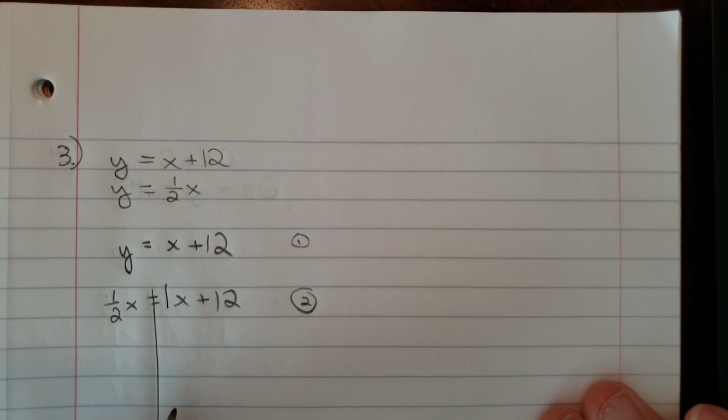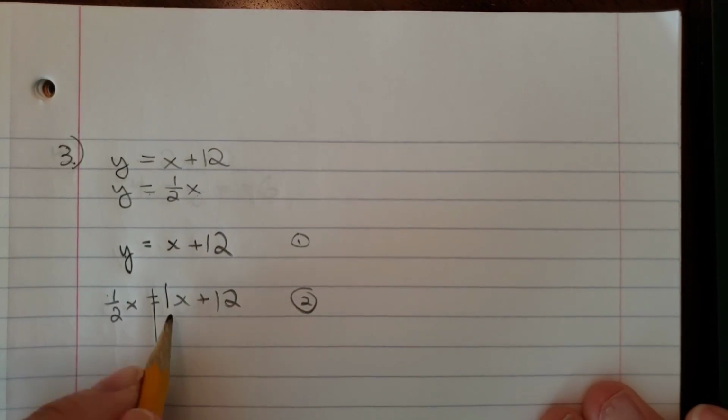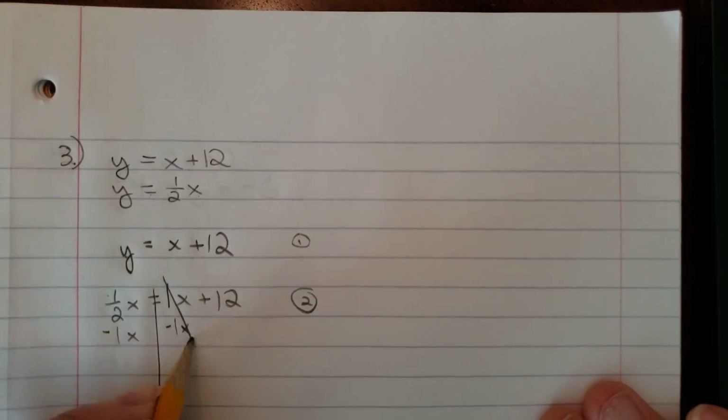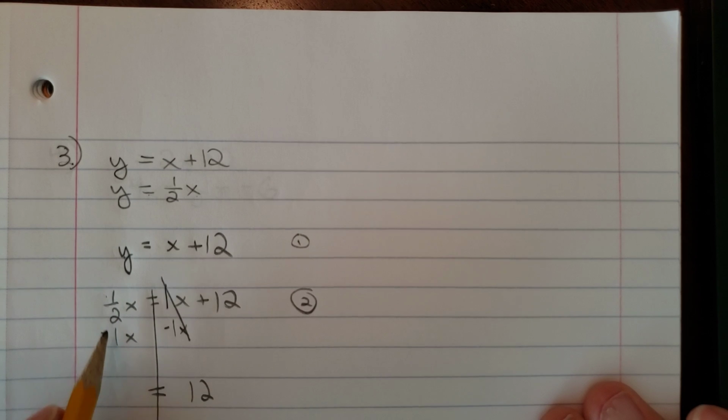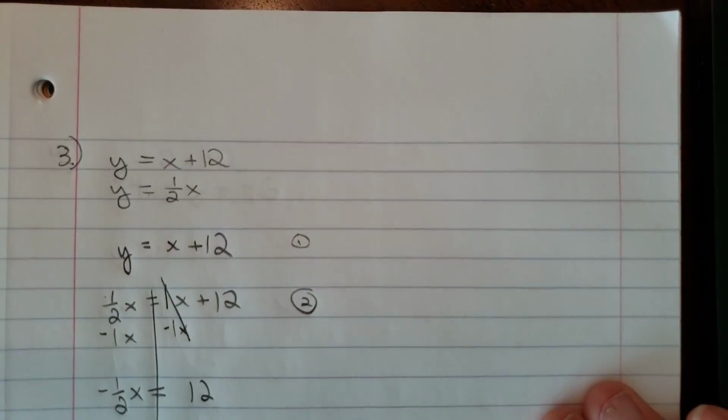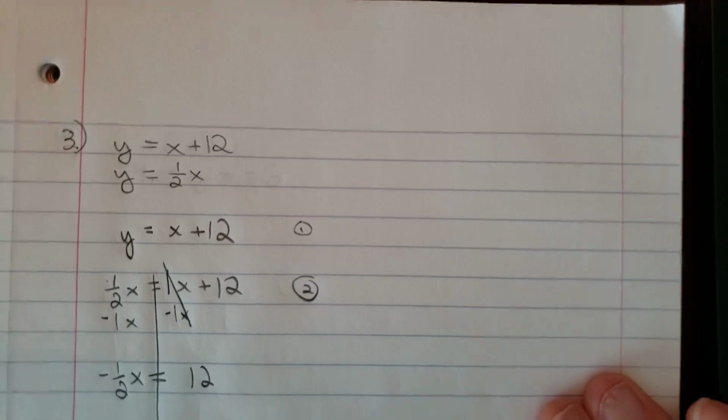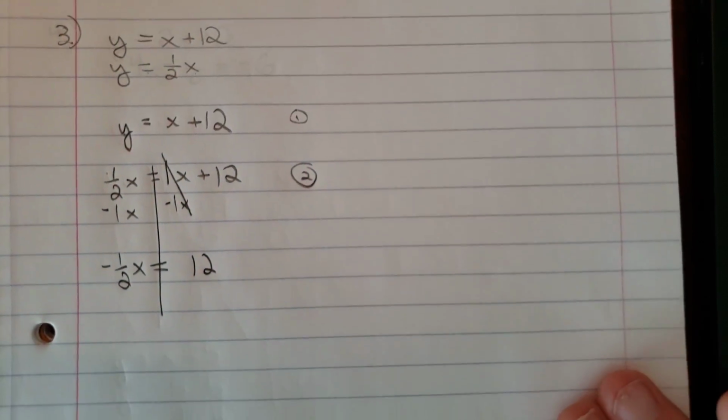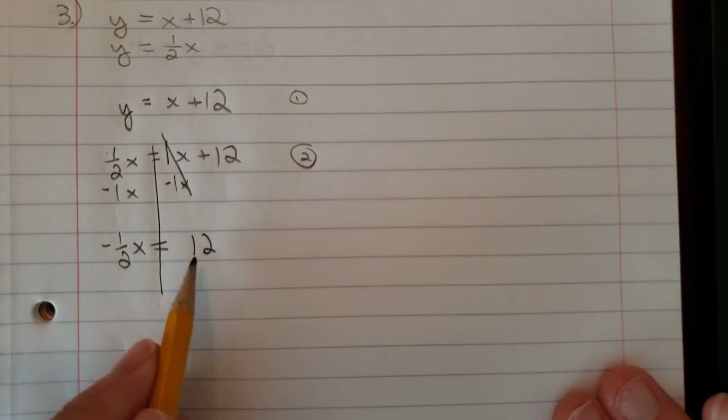Now step 3 is to solve for that remaining variable. So I'm going to put a 1 here. Looks like I have variables on both sides, so I've got to get rid of one of these terms by subtracting 1x and subtracting 1x. Left with 12 equals, what is 1/2 minus 1? It gives me negative 1/2 x. All right, now we might be at a spot where you might be a little confused or forget how to do this.